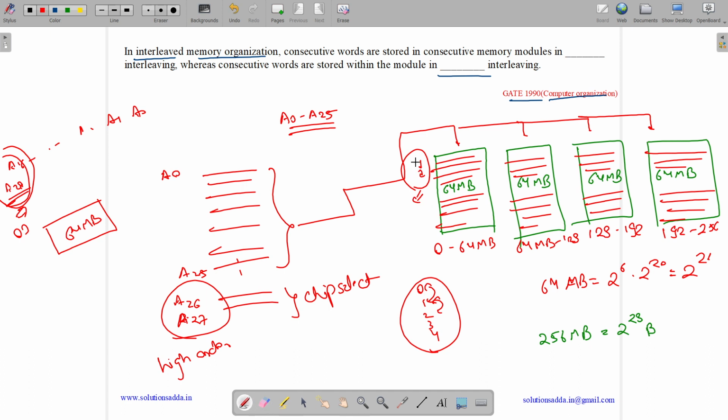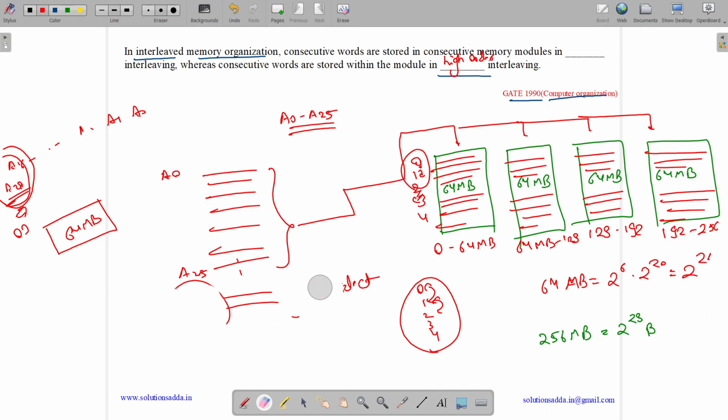And here 0, 1, 2, 3, all the addresses come in the same memory module. So are consecutive words stored in consecutive memory modules? No. Consecutive words are stored within the module. The 0th word, 1st word, 2nd word, 3rd word, 4th word are stored in the same memory module in high order interleaving.